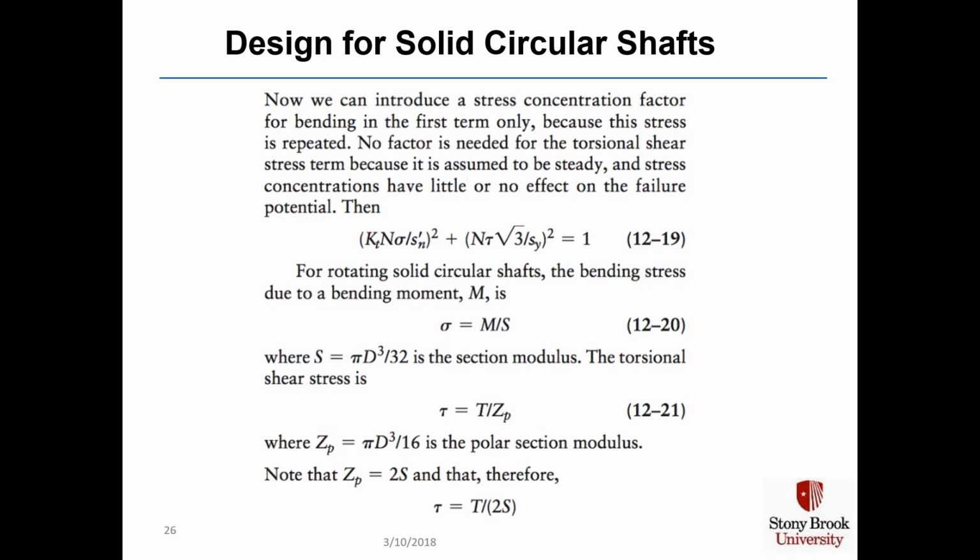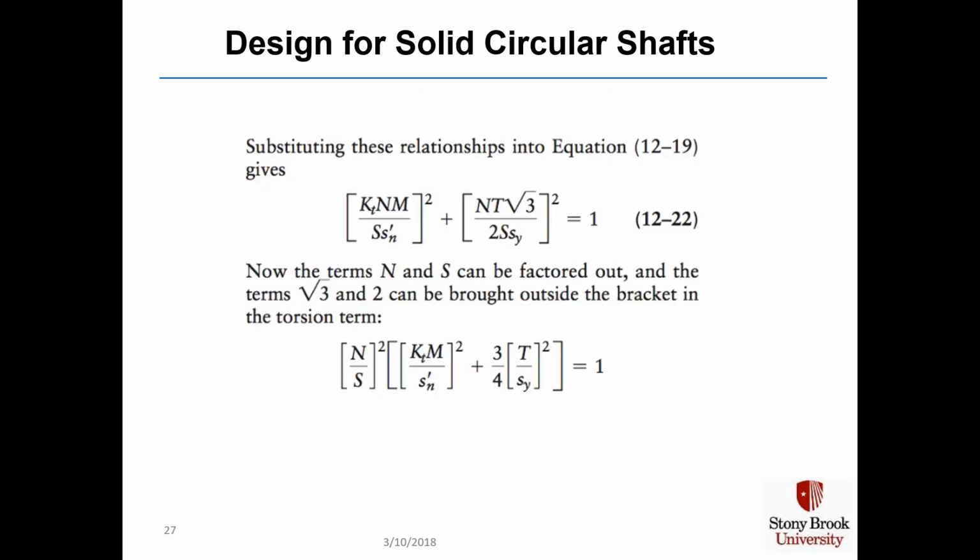We also know that the shear is equal to the torque over the polar section modulus, and the polar section modulus is just twice the section modulus. So we can substitute these equations into equation 12-19, and we get equation 12-22.